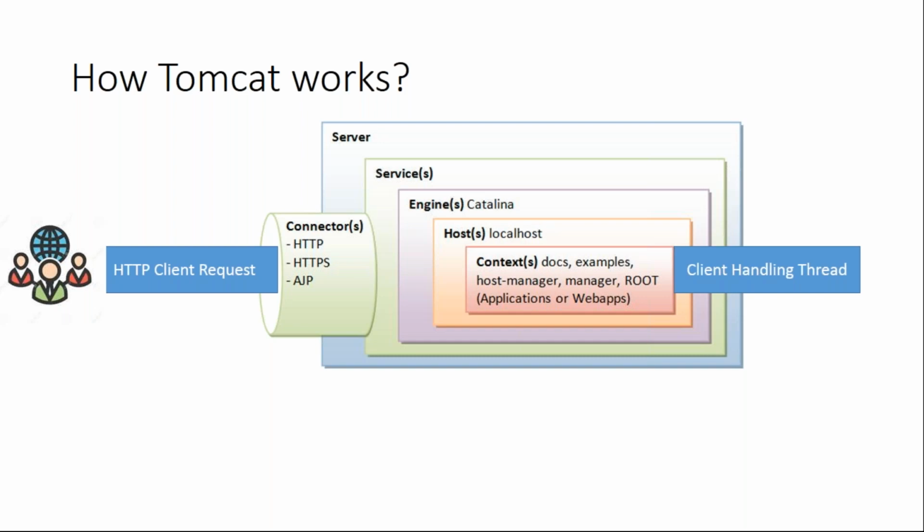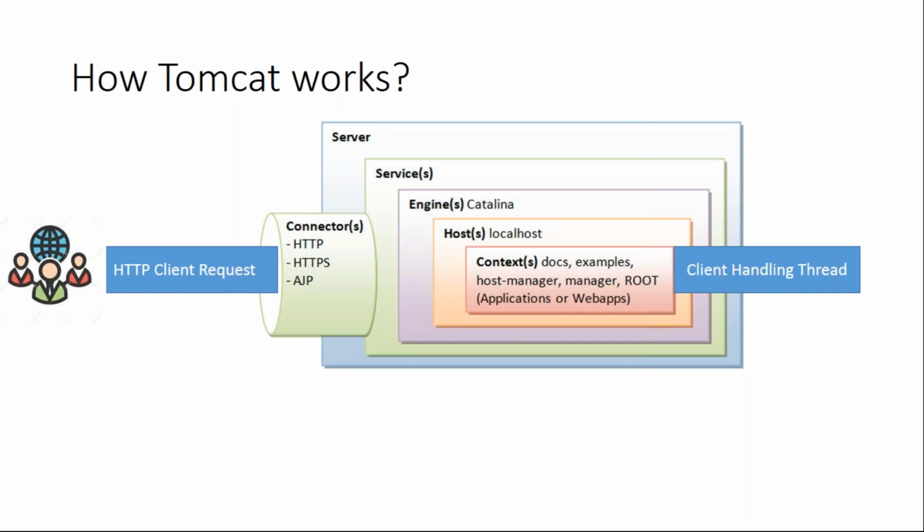If you take one HTTP request, for example, I'm accessing my bank account and the login page is there. One login page request comes, and one client handler thread will be created automatically by the Catalina engine. That thread works for me, and when my session is completed, the thread will die. Another request comes from you, and that creates another thread, and it will work for that.